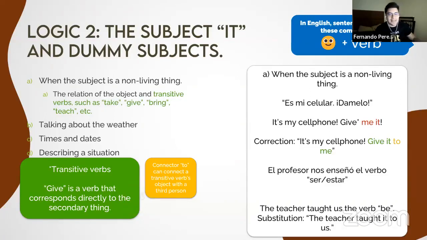Exactly. Very good. This is exactly the issue that we have here. Taught it to us. Interesting, I understand. Take a note and let's check.